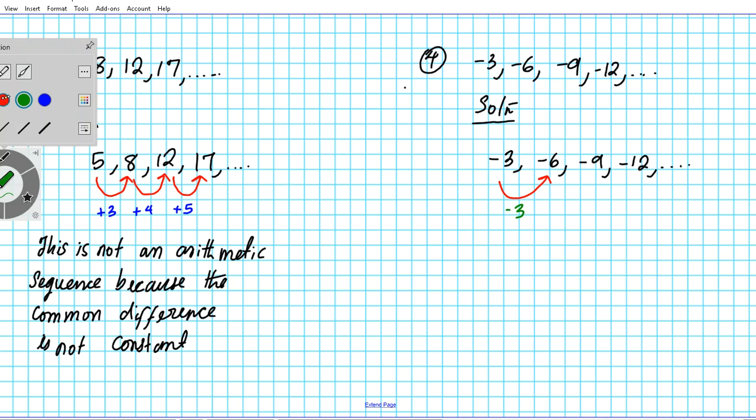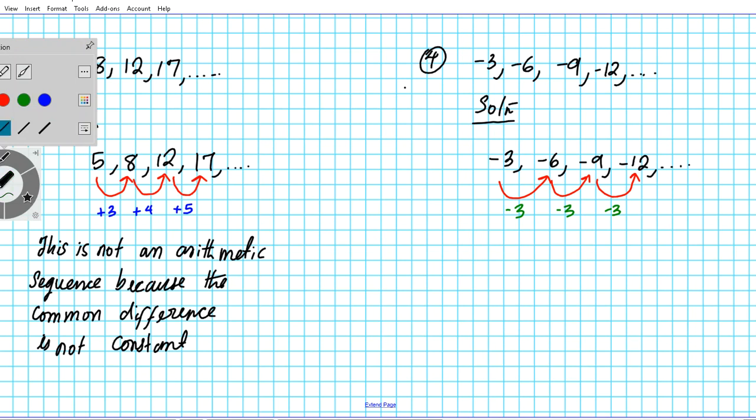From -6 to -9, what's happening there? You subtract 3 again. Oh, it's looking like an arithmetic sequence. How about you go from -9 to -12? You subtract 3 again. So what is the conclusion here?